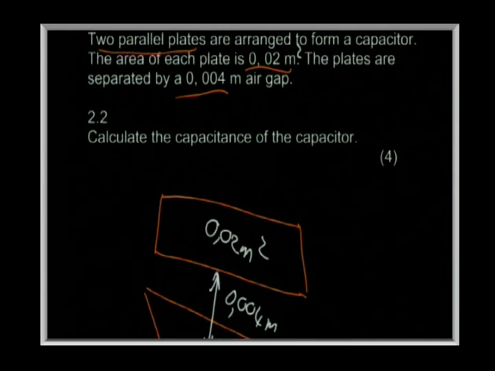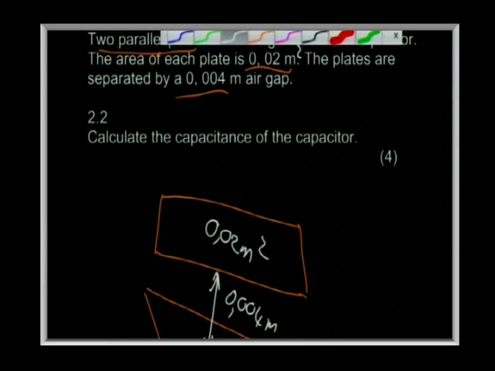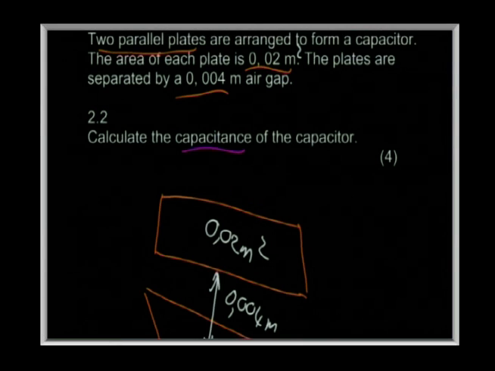Now, what we're asked to do is to calculate the capacitance. There are two formulas for capacitance, and you need to understand that you can use them depending on the information that you're given. In this case, we've got area and the gap, so we know that capacitance is equal to the permittivity of free space, and the medium has a dielectric constant of 1, so we can put that in.